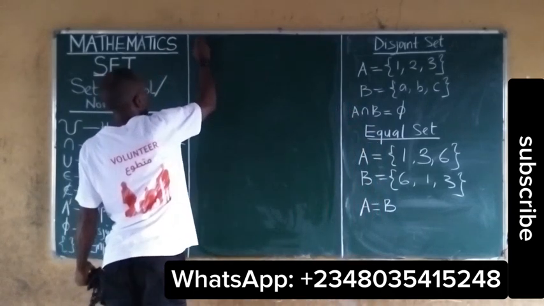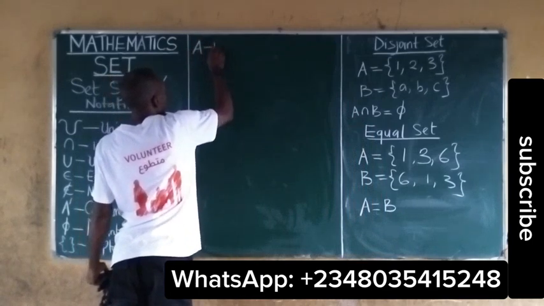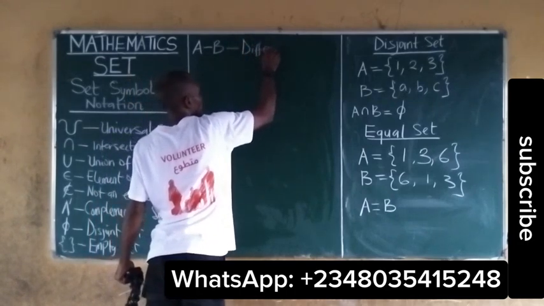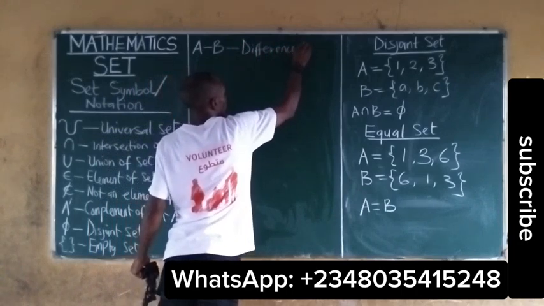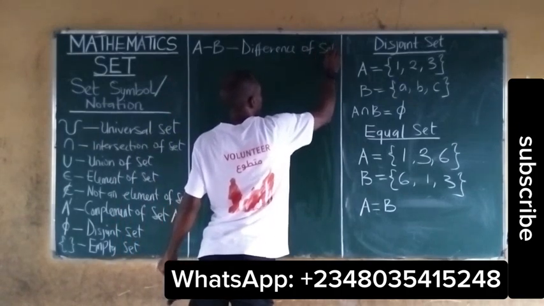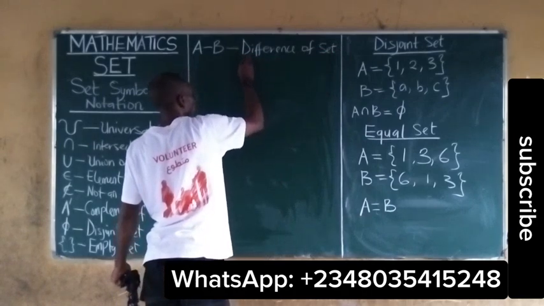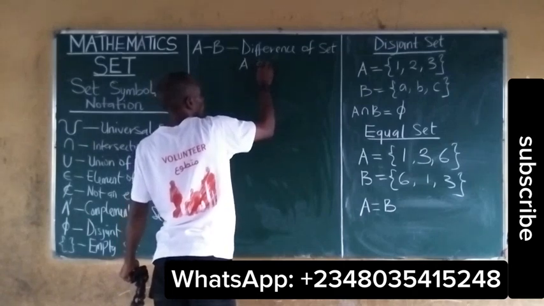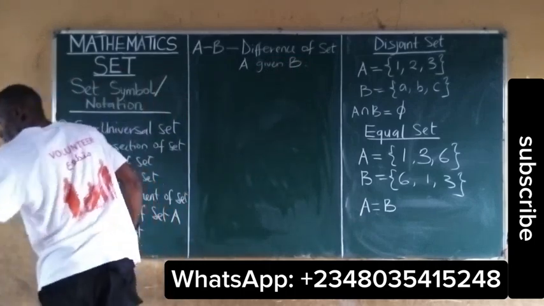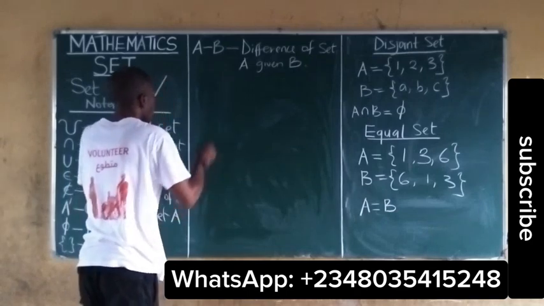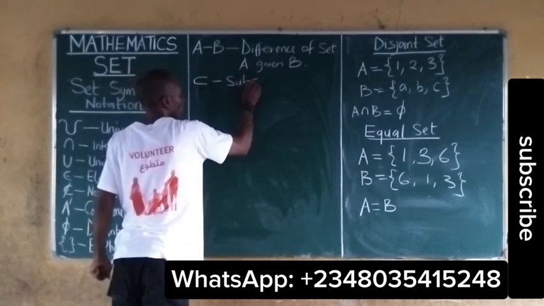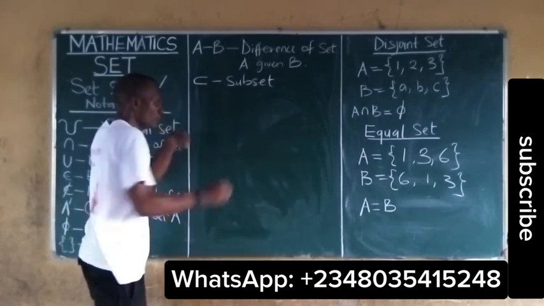We have this as the difference of set A given B. We have this as the subset.